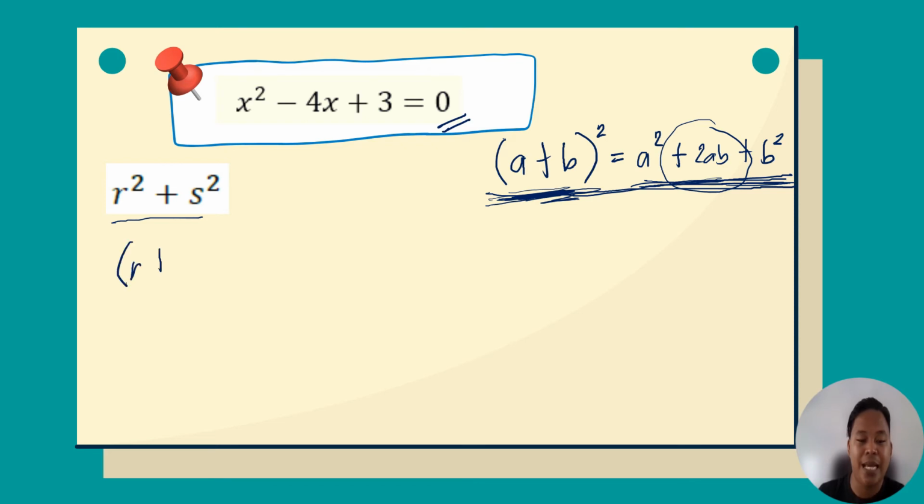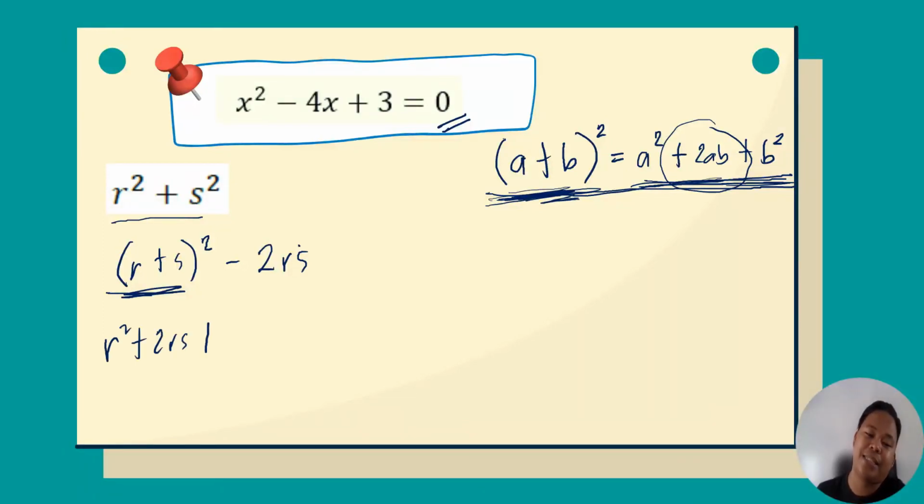r plus s squared minus 2rs. Since the square of r plus s is equal to r squared plus 2rs plus s squared, if we subtract 2rs, we have the expression r squared plus s squared.